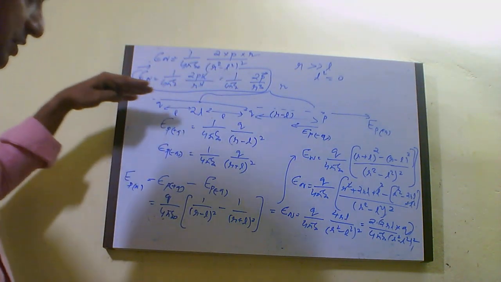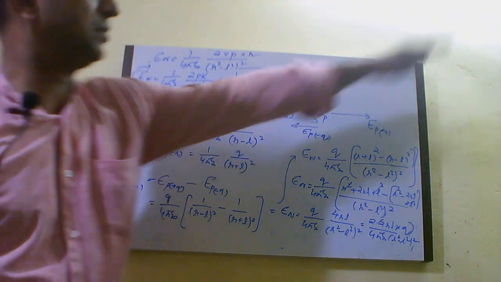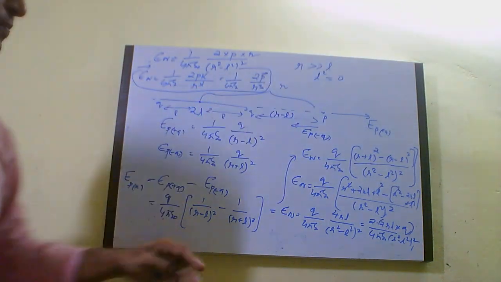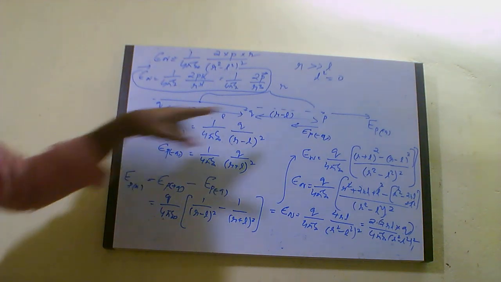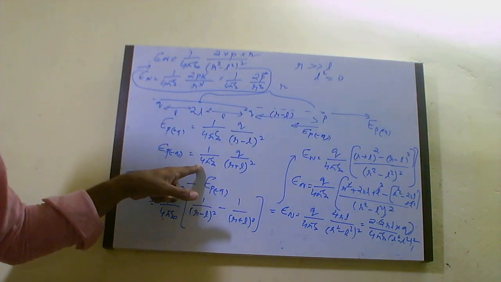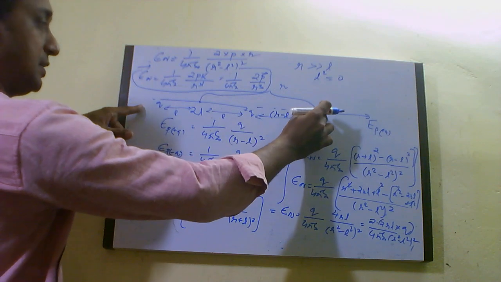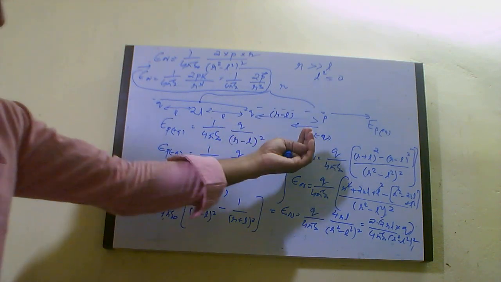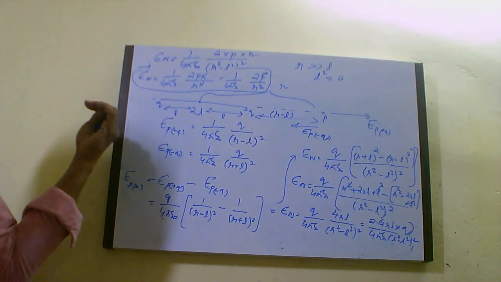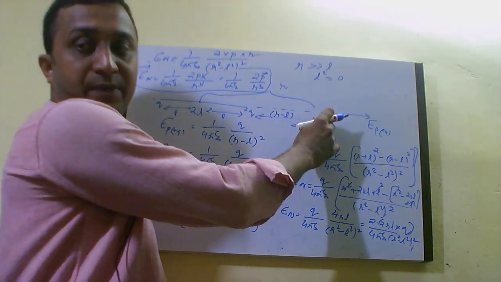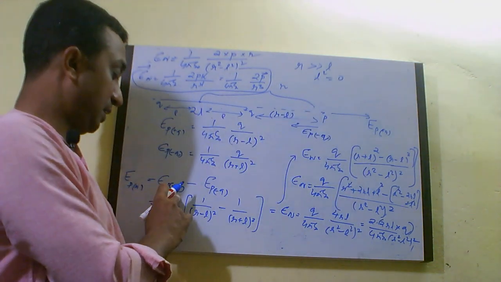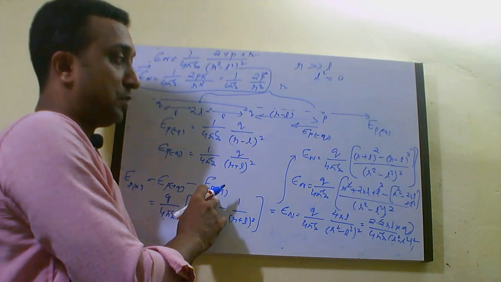And what is the direction of the electric field intensity? Away from the positive charge, in that direction. And this is E at P due to minus Q, 1 by 4 pi epsilon 0, q by (R plus L) the whole square. That is the direction towards the negative charge. So net will be equal to EP due to plus charge minus EP due to minus charge.